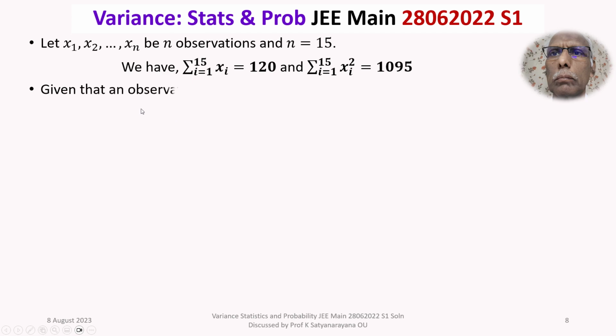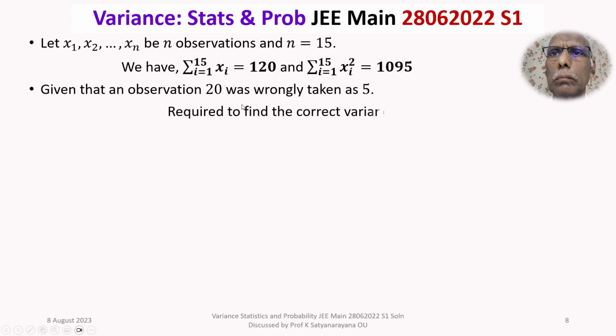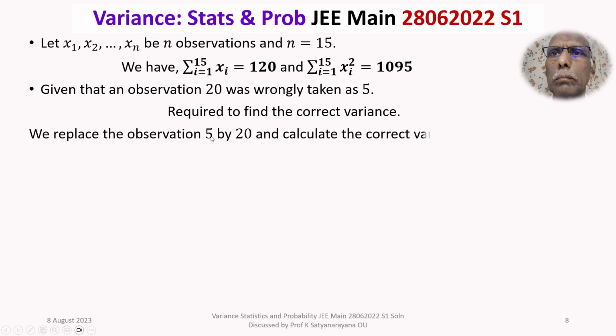Now, given that an observation 20 was wrongly taken as 5, and we are required to find the correct variance, what do we do? We replace the observation 5, which is erroneous, by 20 and calculate the correct variance.